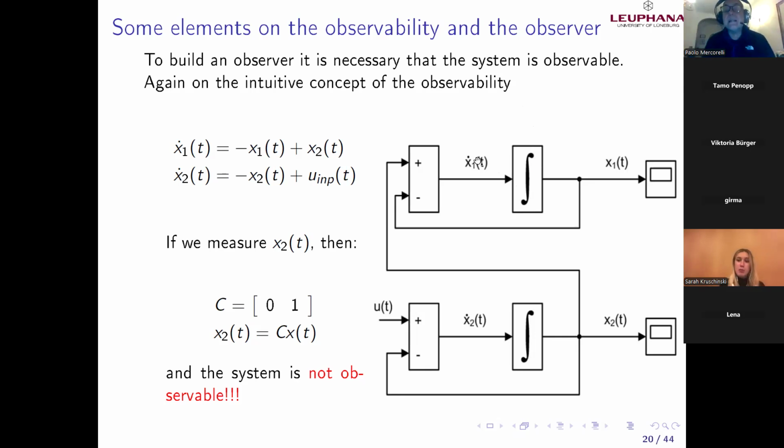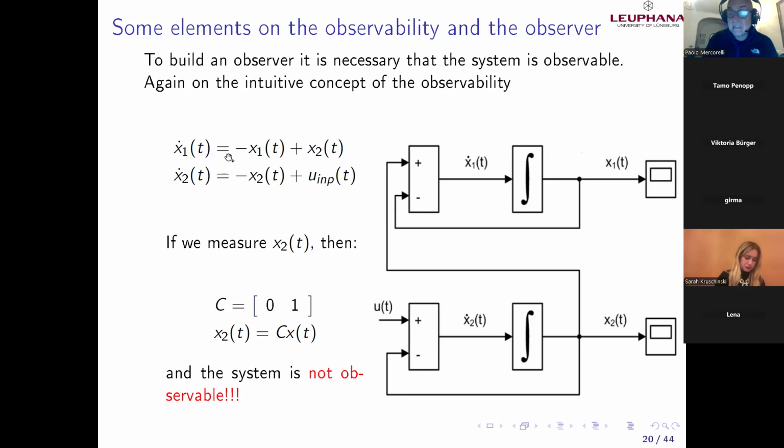This means x1 derivative is an input. Look, this arrow means that x1 derivative is an input in the integral block. This language means integral of x1 derivative. If I know the initial condition of x1, I will have directly x1. I will come back to this with MATLAB.